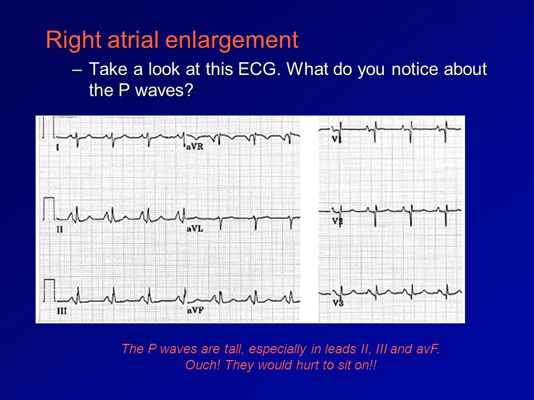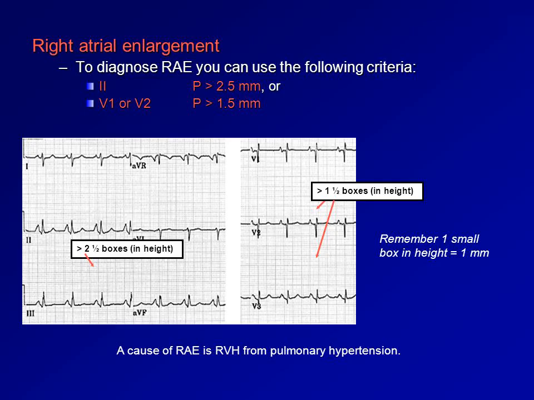Right atrial enlargement. Take a look at the ECG. What do you notice about the P waves? The P waves are tall, especially in leads II, III and aVF. Ouch! They would hurt to sit on. To diagnose RAE, you can use the following criteria: lead II P wave greater than 2.5 mm, or V1 or V2 P wave greater than 1.5 mm.